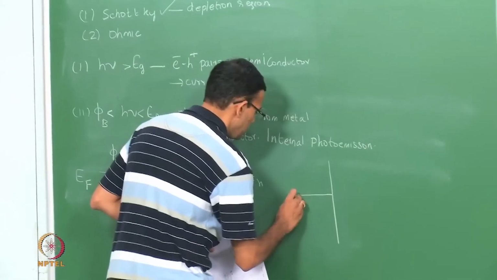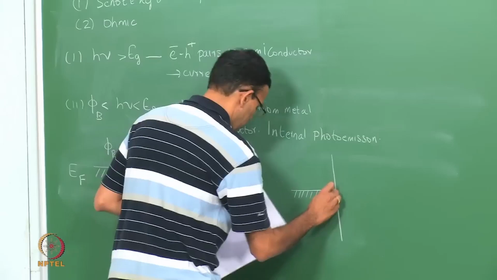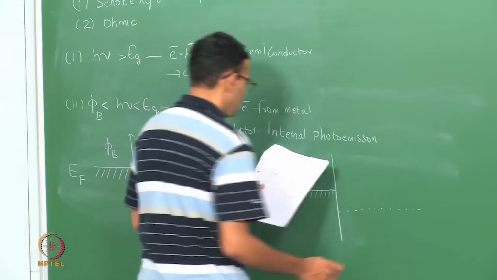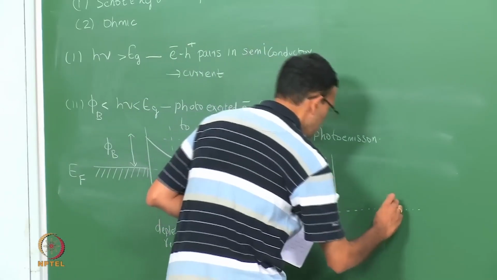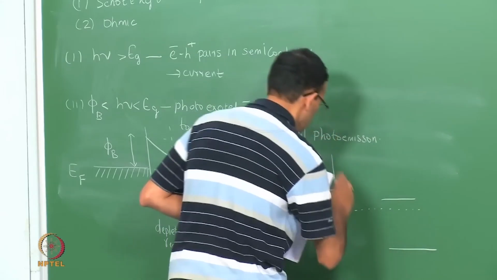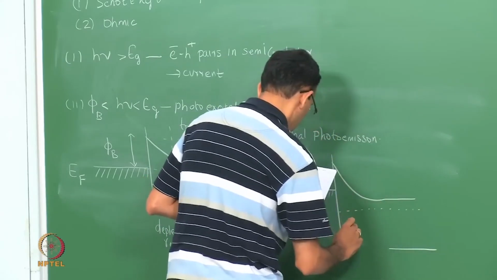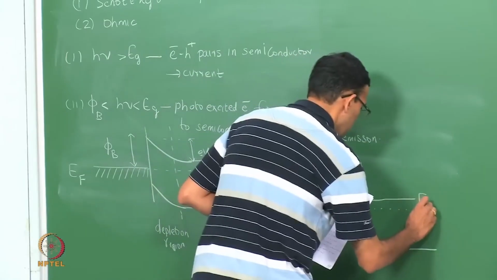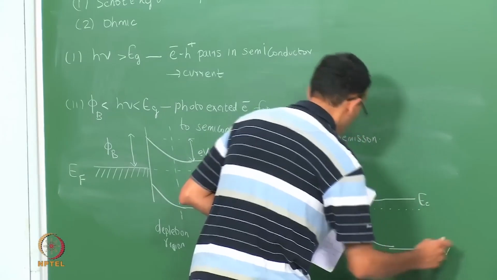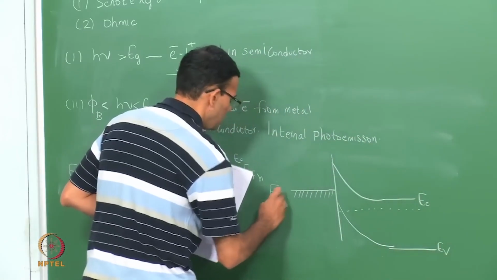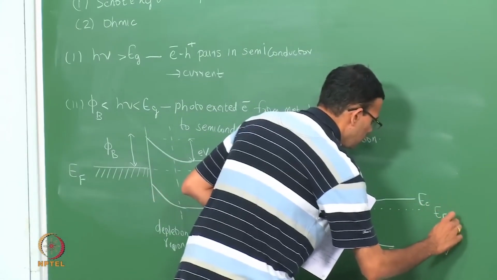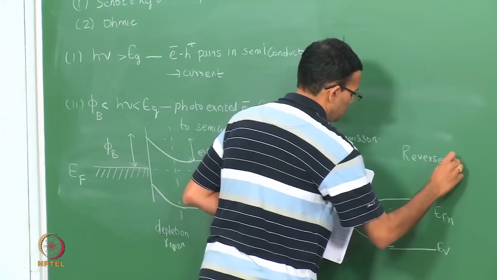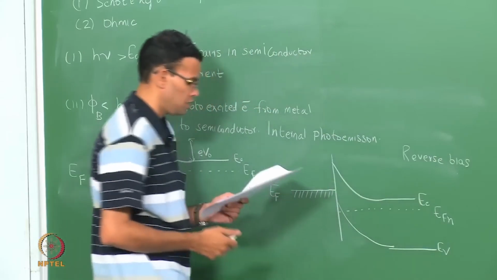The metal is still the same, the semiconductor shifts, EC, EV, EF, EFN, for reverse bias.